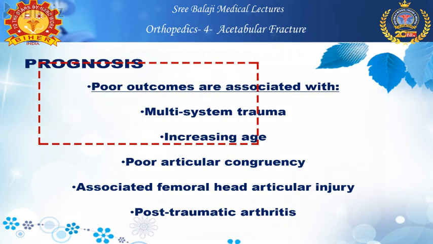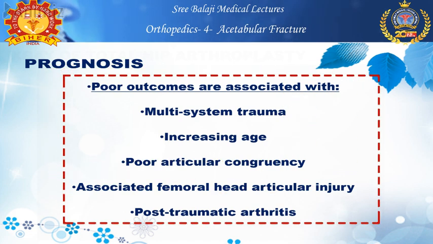Prognosis: poor outcomes are associated with multi-system trauma, increasing age, poor articular congruity, a severely comminuted fracture, associated femoral head articular injury, and post-traumatic arthritis.